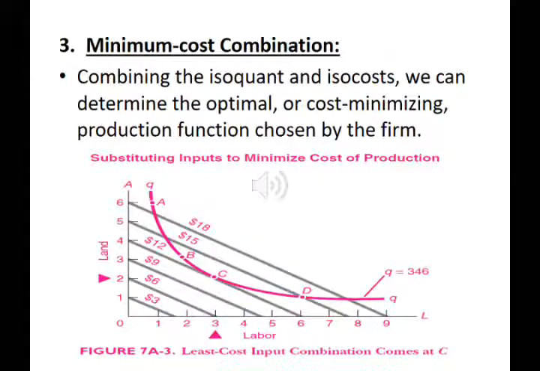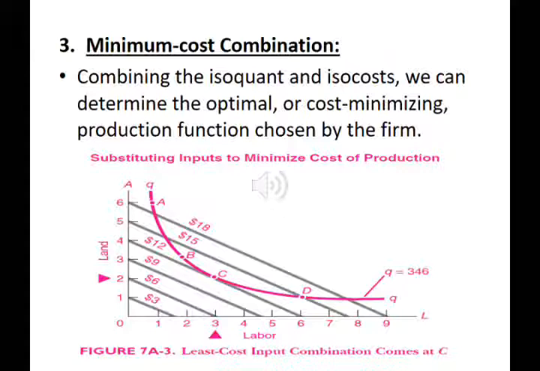So now that we understand each ingredient separately, we need to combine these ingredients together in order to help our firm decide on which production function to use, which production function will minimize its cost of production.